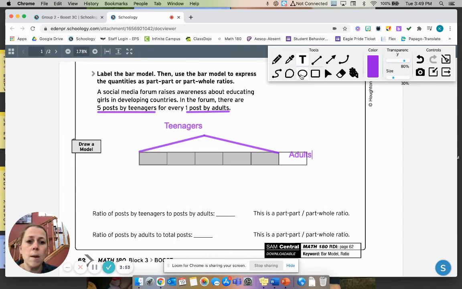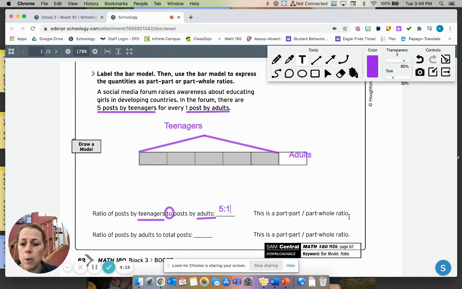When we look at our problem, remember we always look for that magical word "to". We have the ratio of posts by teenagers first to posts by adults. The number of teenagers is 5, because we have 5 boxes here, and the number of adults is 1. So we have our ratio of 5 to 1.